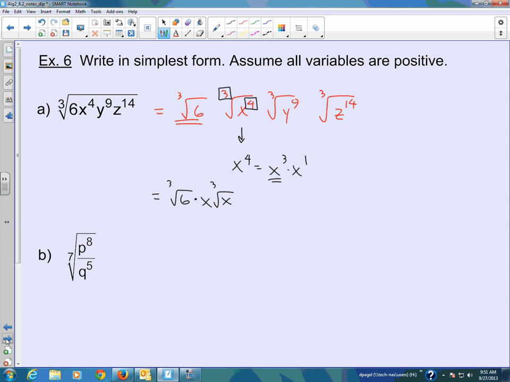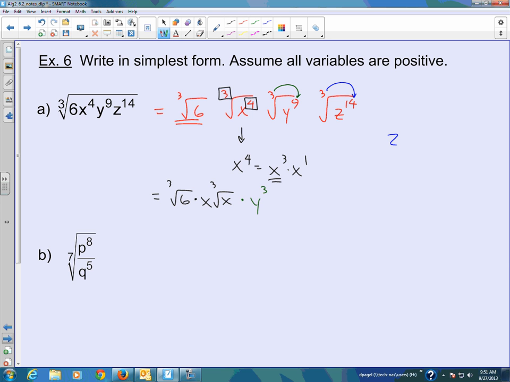All right, what about the cube root of y to the 9th? So here the 3 goes into 9 nicely 3 times. That means this is just a y cubed. And then here's the situation again. 3 does not go into 14. It goes in 4 times with 2 left over.